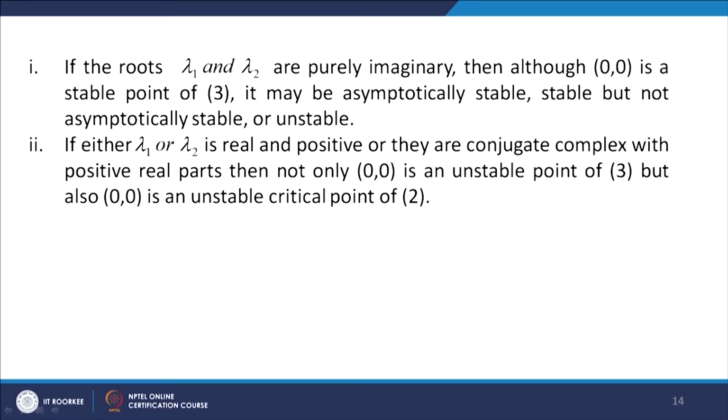If either lambda 1 or lambda 2 is real and positive, or they are conjugate complex with positive real parts, then not only is 0 0 an unstable point of the linear system, but also 0 0 is an unstable critical point of the nonlinear system 2.